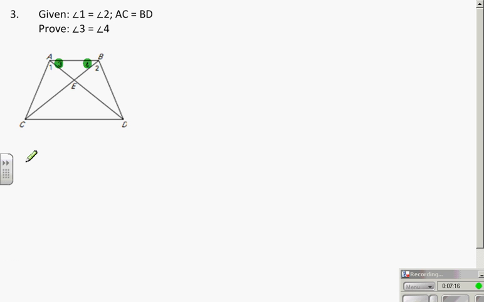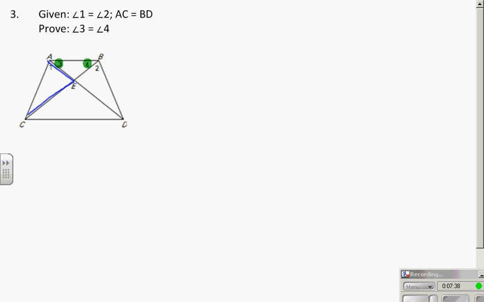I am trying to prove 3 and 4 are equal. Now, unfortunately, those are a part of my overlapping triangle CBA and DAB. But if I drew them out separately and looked at them like I did in class, I don't have enough information to proceed.